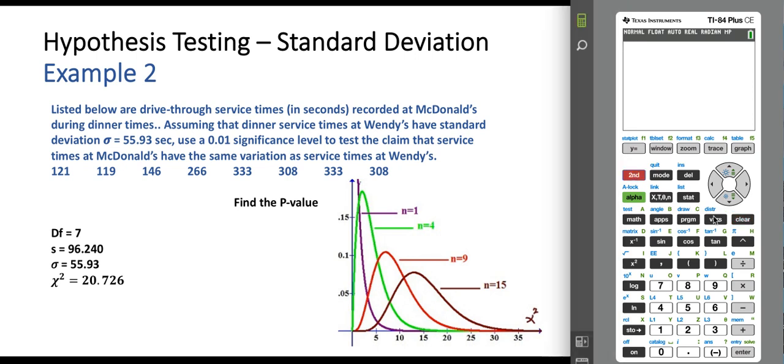So let's go to the distribution. Once again, we're going to toggle down to chi-squared CDF. Because that test statistic is so far to the right, we're going to find the area to the right. So the lower bound is 20.726.